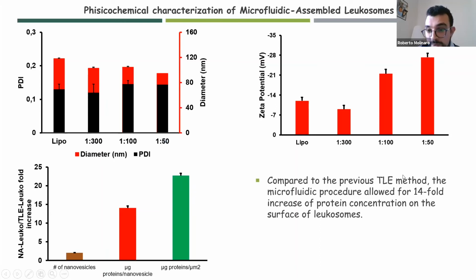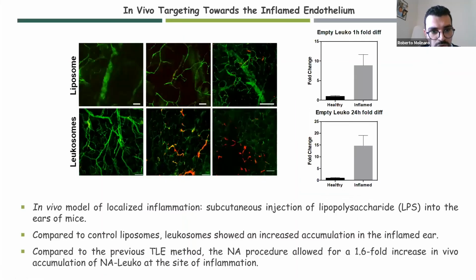And compared to the previous thin layer evaporation method, the microfluidic procedure allowed for a 14-fold increase of protein concentration on the surface of leukosomes and a 1.6-fold increase in vivo accumulation of nanoassembled leukosomes at the site of inflammation.